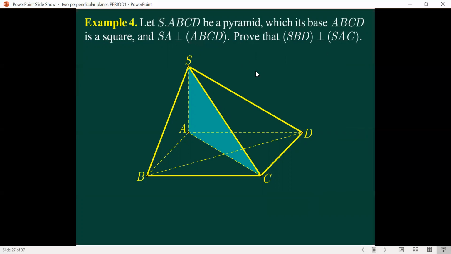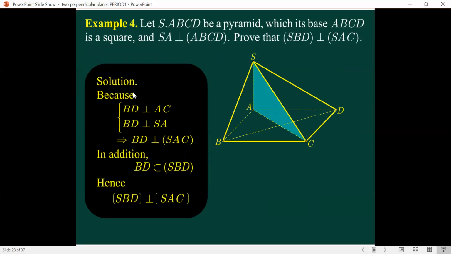The first way, we use the definition. That means we find that the angle between two planes equals 90 degrees. And the second way, we use the theorem. We show that a plane has a line perpendicular to the other plane.